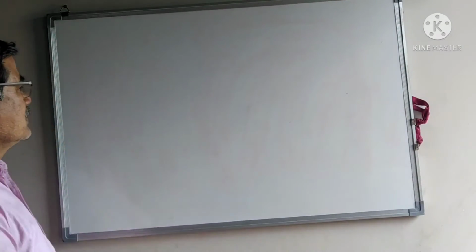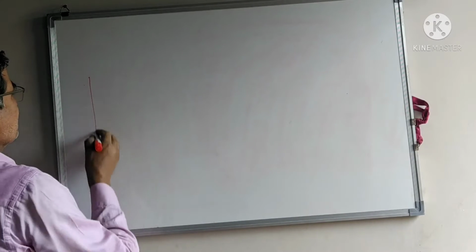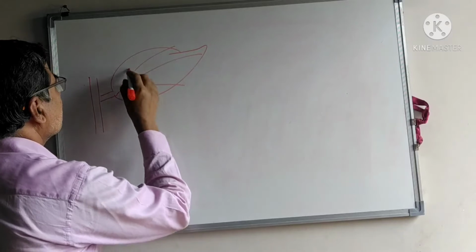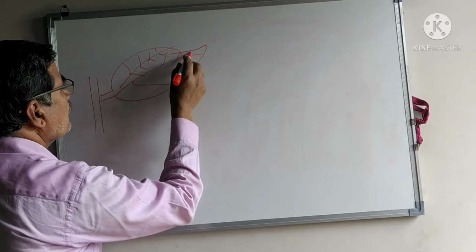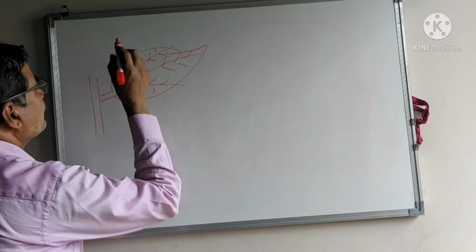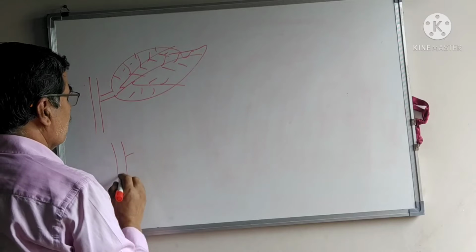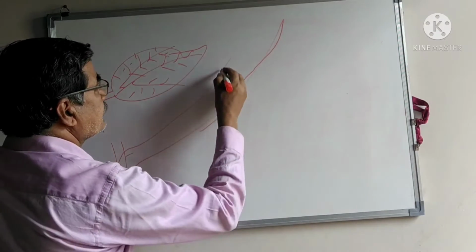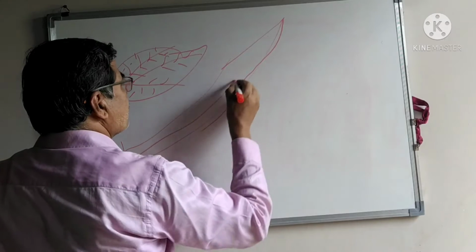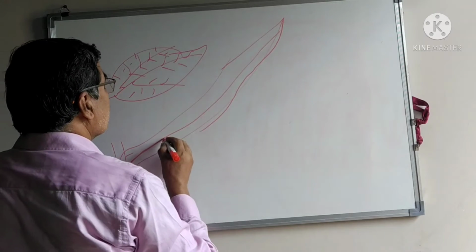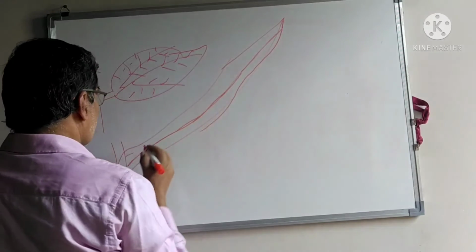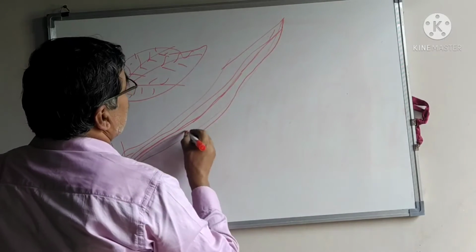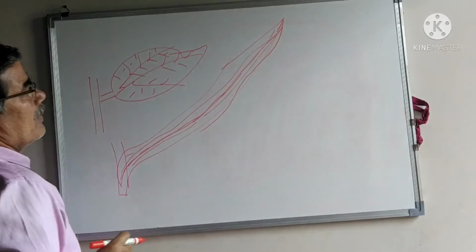The leaf, external morphology: in dicot plants, the leaves have reticulate venation, and in the monocot leaves, the main midrib is stronger and broader, and the side veins run parallel to each other and meet at the tip of the leaf.